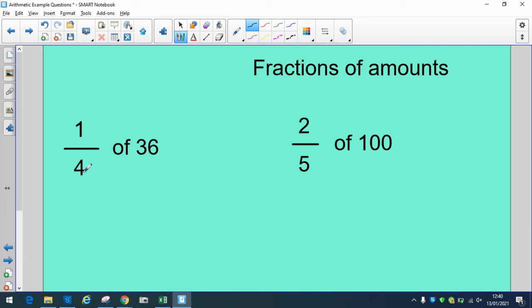So 36 divided by 4. If it helps, you can jot that down at the side. So 36 divided by 4, which we know gives us 9.